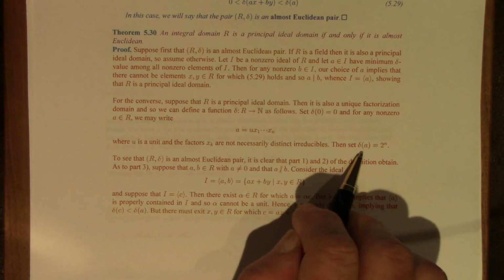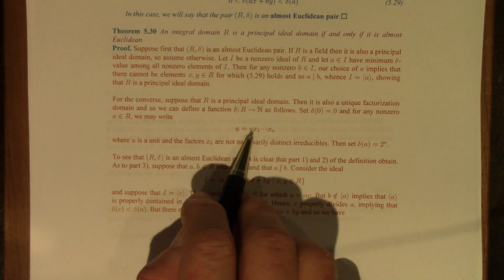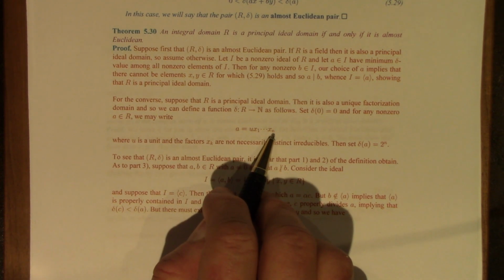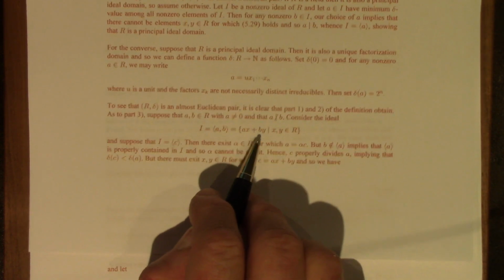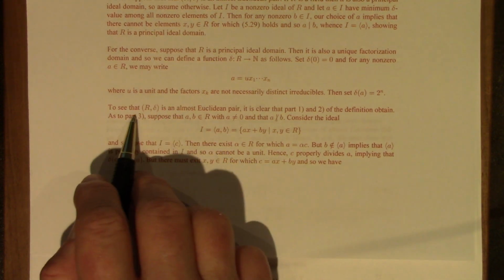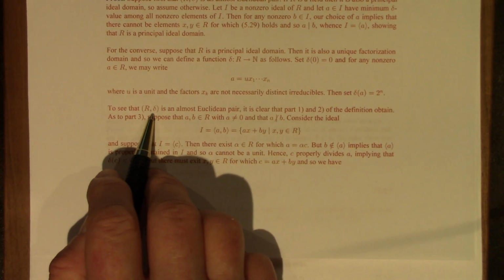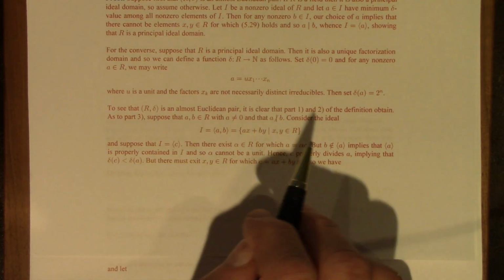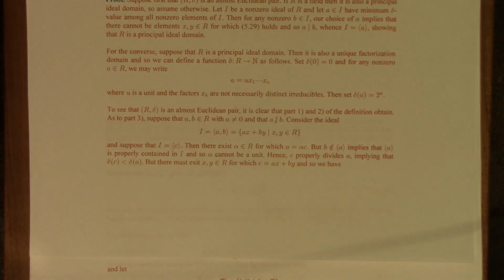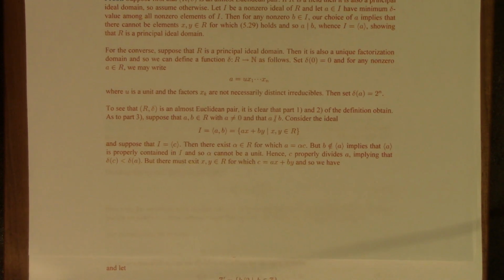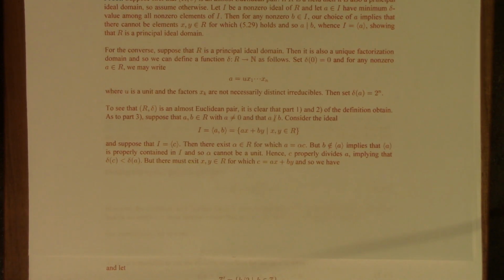We set delta A to be 2 to the n, where n is the number of irreducible factors. To see that (R, delta) is an almost Euclidean pair, it's quite clear that parts 1 and 2 of the definition hold, and I'll let you ponder that.